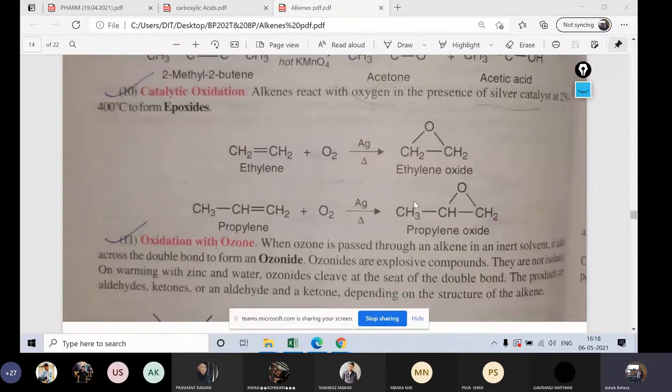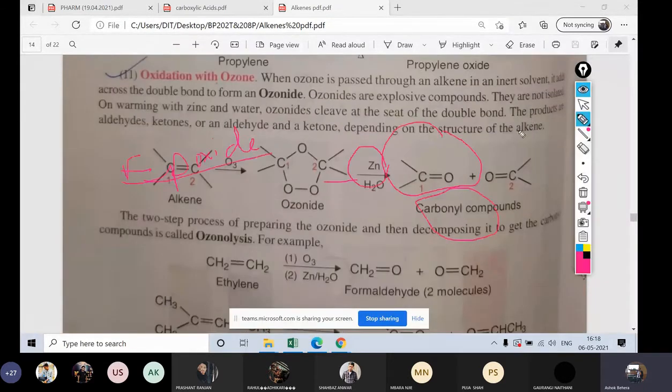Then I said oxidation with ozone. So what you have to do? Three way you have to add the oxygen like this. Break it. This is known as ozonide formation. Then in presence of zinc and water, it will break down. And this is carbonyl. Two carbonyl compounds are formed, right?